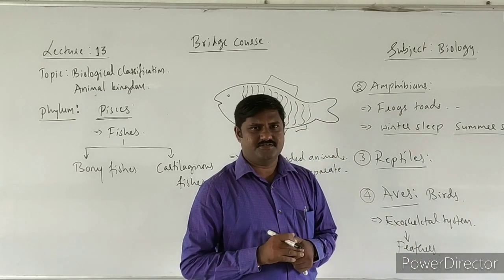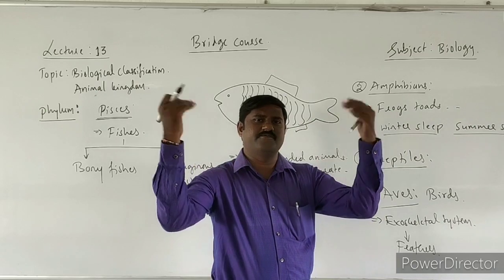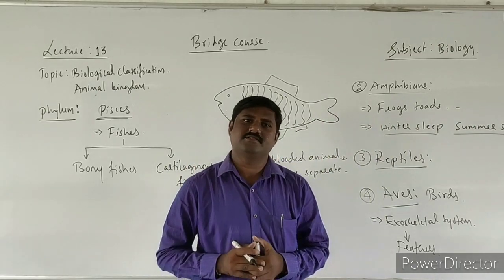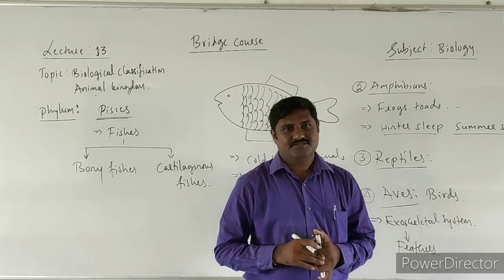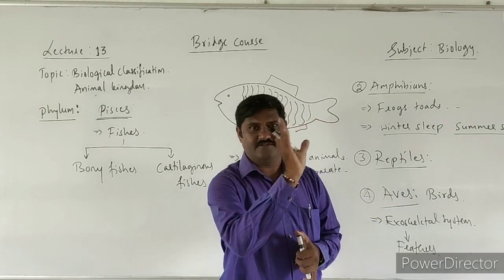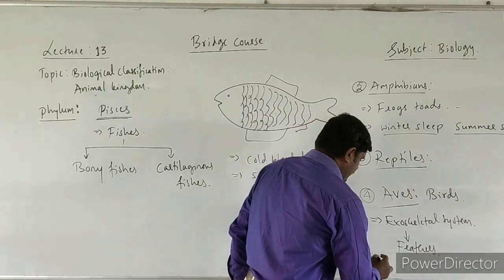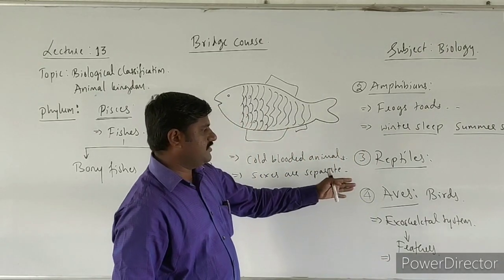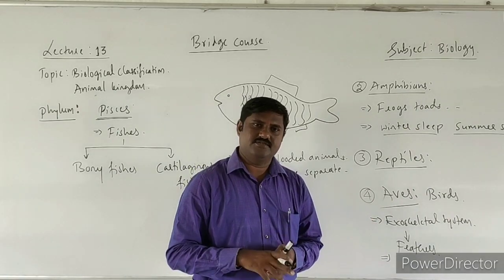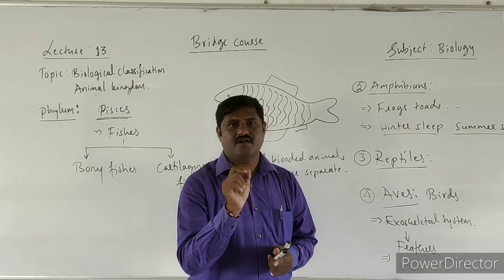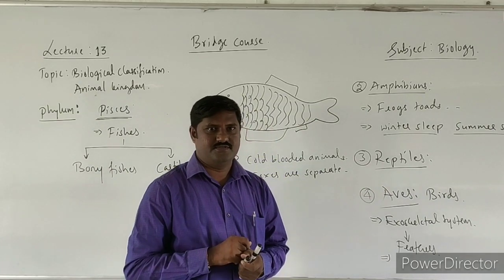And in birds, forelimbs have been modified into wings. That is a unique feature in these animals, right? So wings are useful in flying. These are flying birds, right? And the next important feature in these birds is that they have a 4-chambered heart, and these are hot-blooded animals, right?